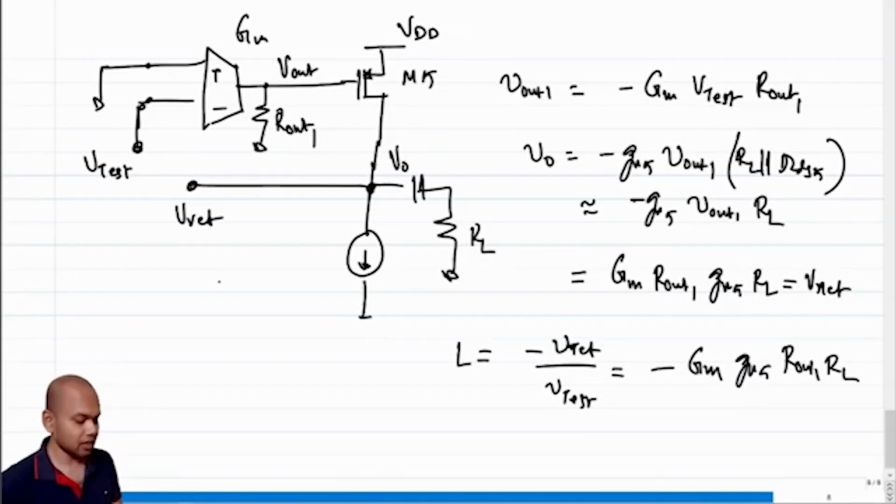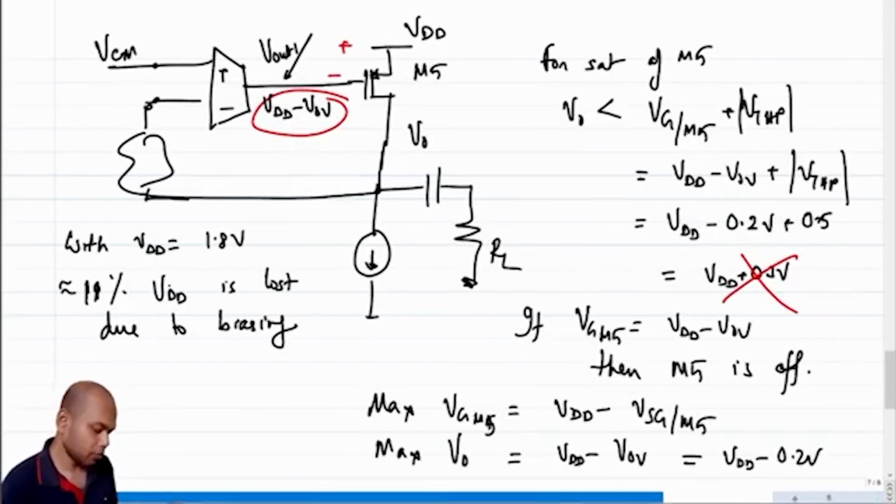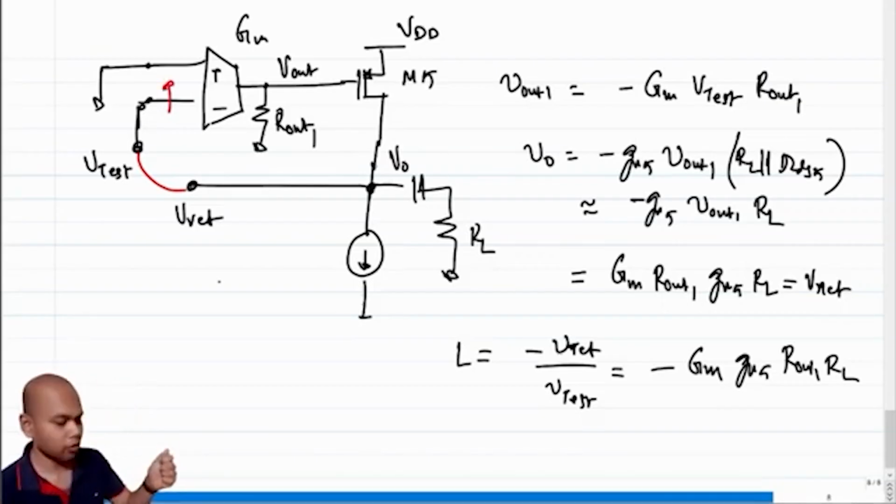So what does this minus sign tell you? This minus sign in the loop gain essentially implies that the loop is in positive feedback. Why? That's easy to see. Let's say we excite, we increase that voltage.